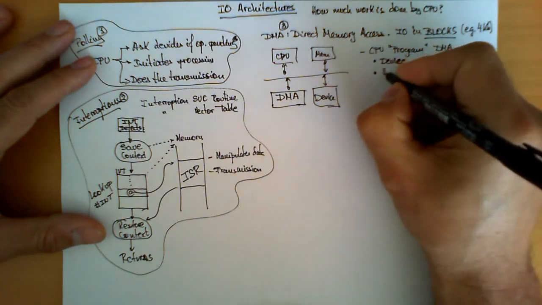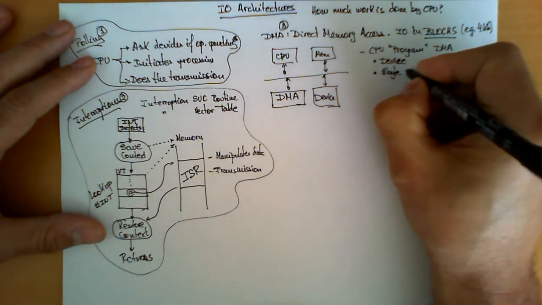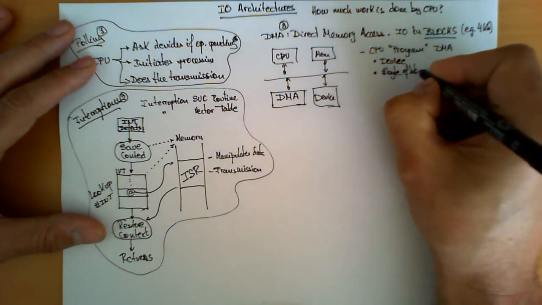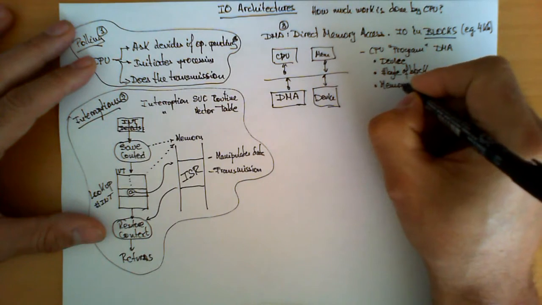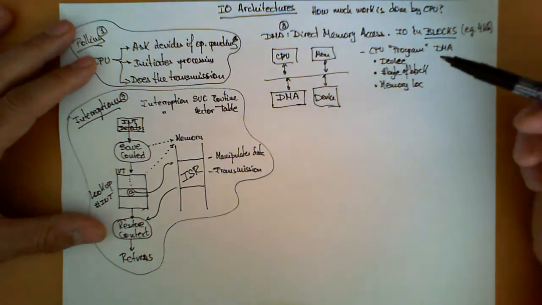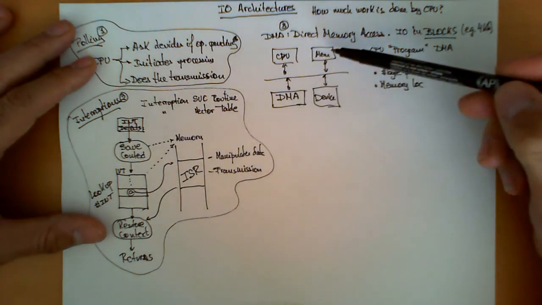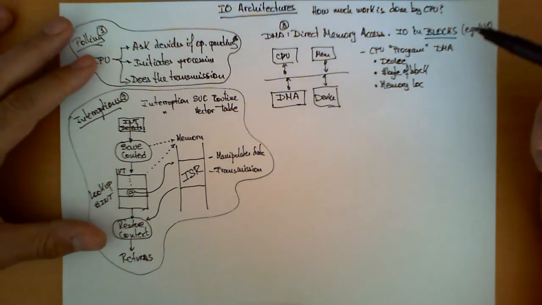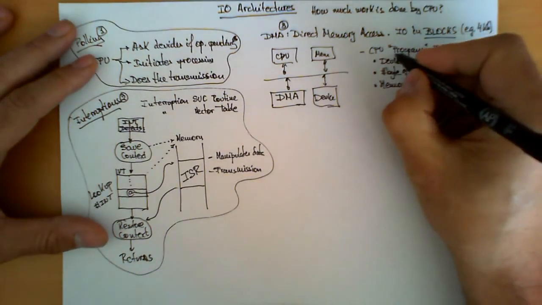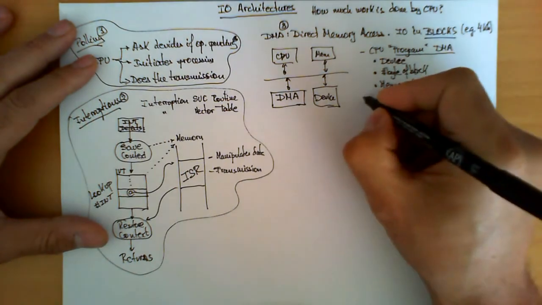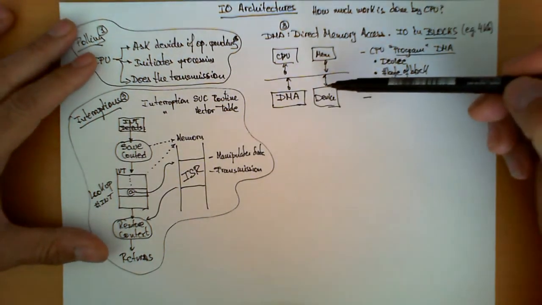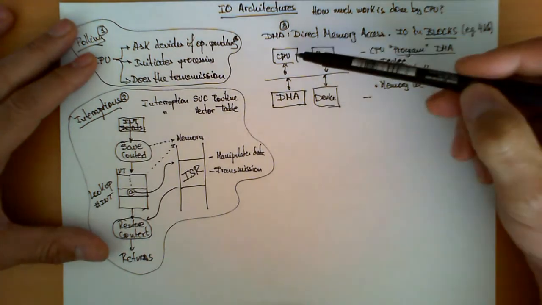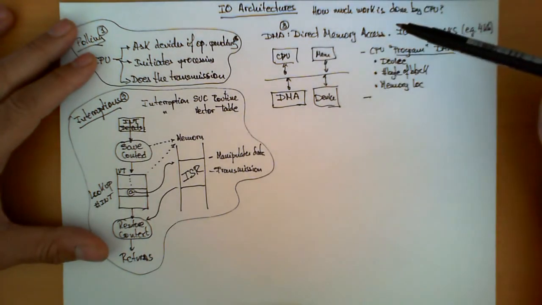It tells also the number of bytes of the block, and finally a memory location for the transmission of information, either from the device to the memory or from memory to the device. So now the only thing the CPU does is provide these 3 parameters, and the DMA from then on takes care of supervising all the transmission of data between the device and memory, and the CPU can keep executing the regular instruction.